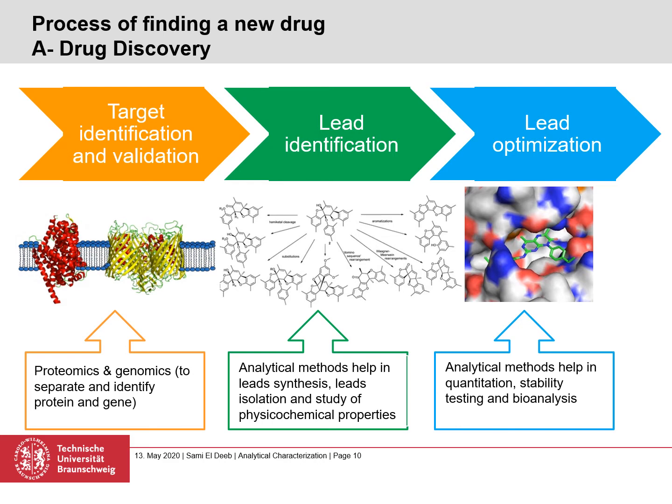But also during lead identification, we need analytical methods to follow up the synthesis, the isolation, and the study of the physicochemical properties. And also during lead optimization, we do need analytical methods for quantification, for stability testing, and for bioanalysis.